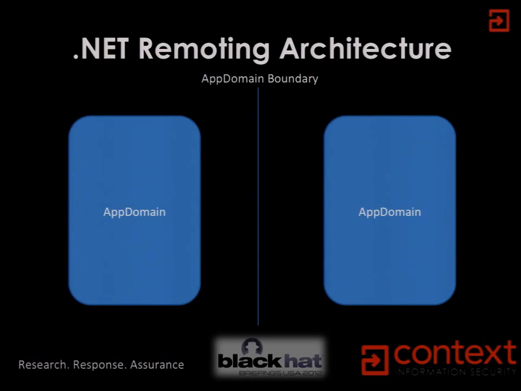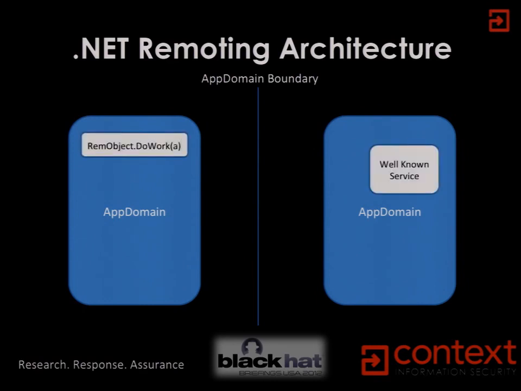Now, if you want to actually talk to a remote object, imagine one of these domains is sitting on a system somewhere at the other side of the world, for example, connected over the internet. It will be publishing some sort of well-known service on, say, a TCP port 1024, and another app domain wants to do some work on that.